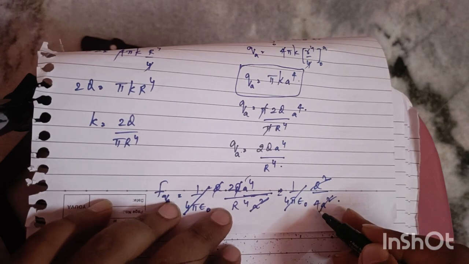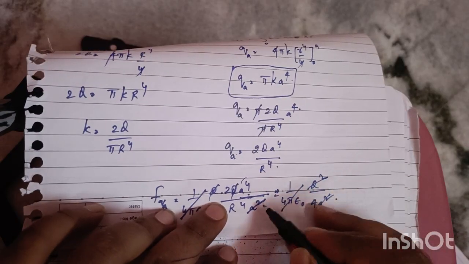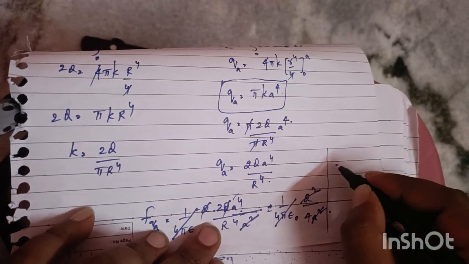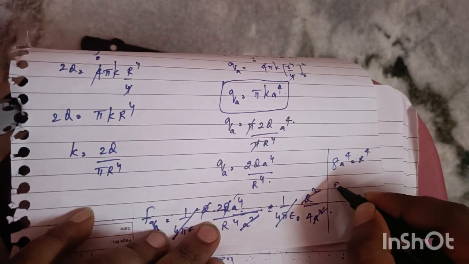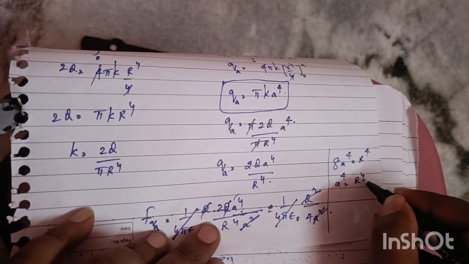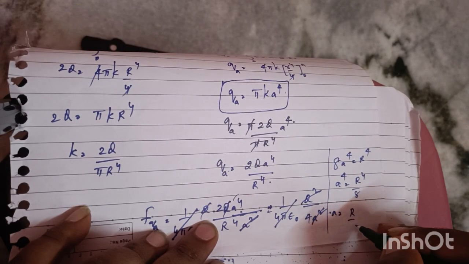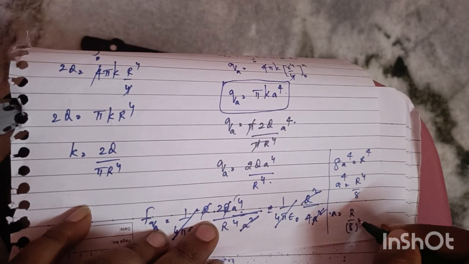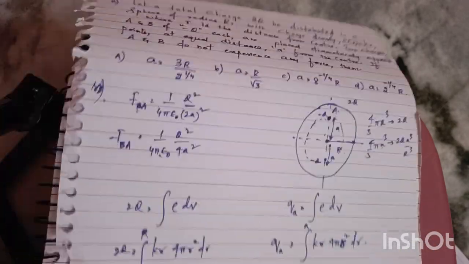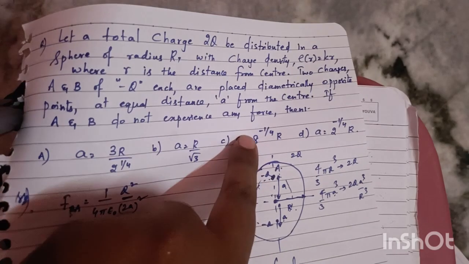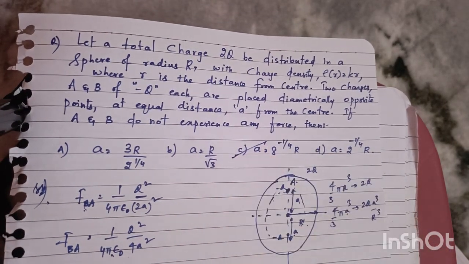So only 4 is there here, a power 4 and here r power 4, and 2 is also here, so 4 into 2 gives 8 a power 4 is equal to r power 4, so a power 4 is equal to r power 4 by 8. From here a can be written as r by 8 power 1 by 4. This is our required relation, and in the options they took a power 1 by 4 to the numerator, so you'll get a minus sign here. So this is your option.